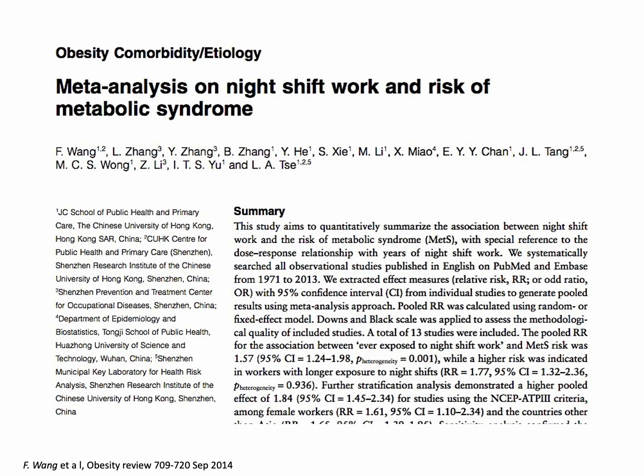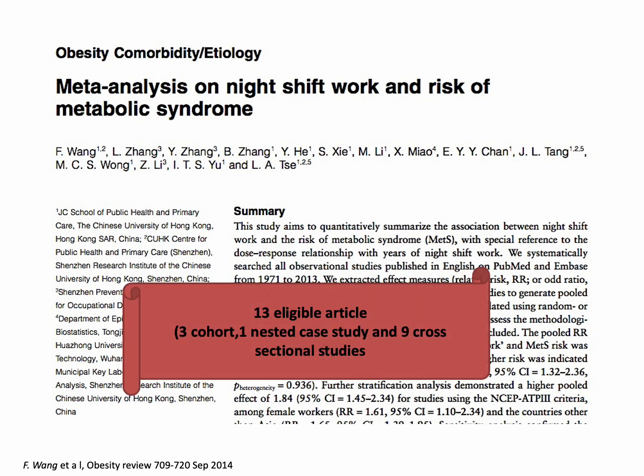Another study, this time a meta-analysis done by Wang et al., took 13 eligible articles, all observational epidemiological studies about night shift workers and metabolic syndrome from the database, including 3 cohort studies, 1 nested case-control study, and several cross-sectional studies.